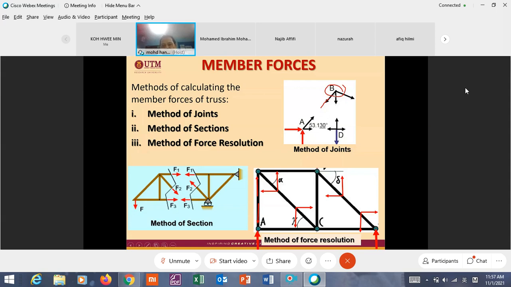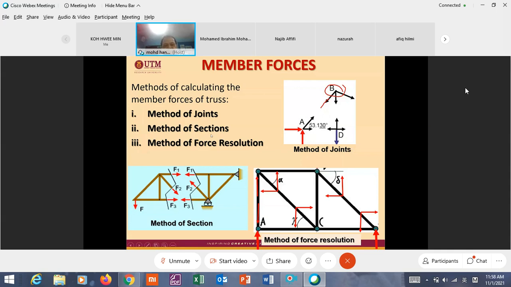At any joint, you just use the simultaneous equations ΣFx equal to 0, ΣFy equal to 0. That's it. And as I mentioned just now, we must be familiar with the Fx and Fy. Fx equal to F cos angle, Fy equal to F sine angle.